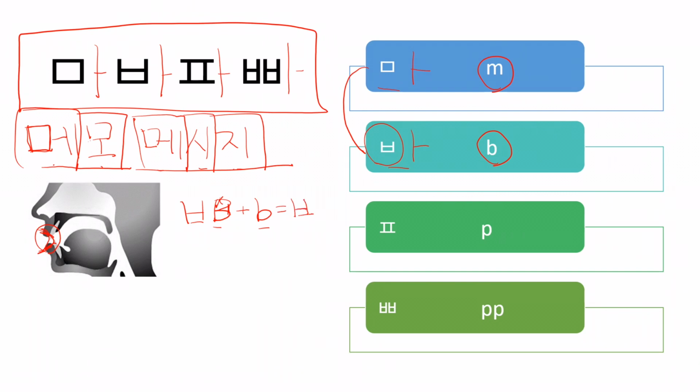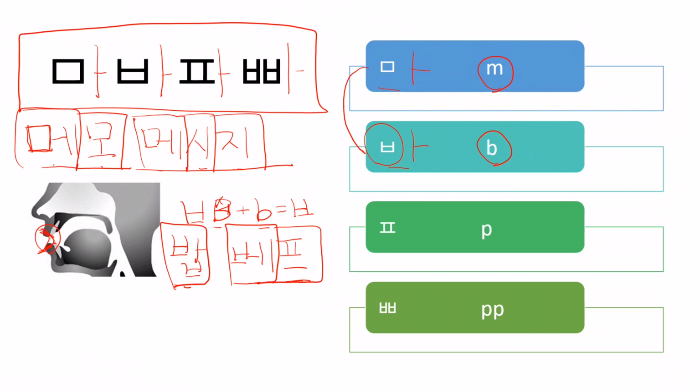Let's take a look at the example. 밥, 베프, pop, not bob, pop, lighter sound. 베프. It is a Konglish word. It's an acronym for best friend. 베프.